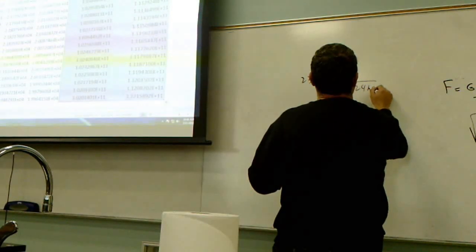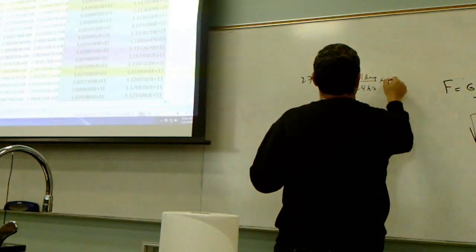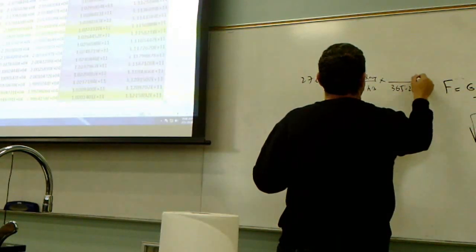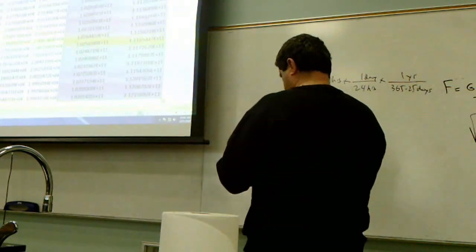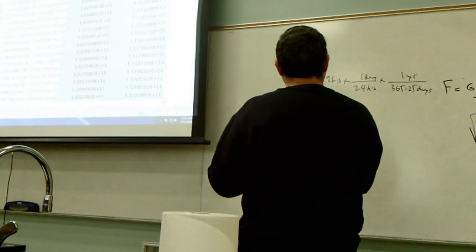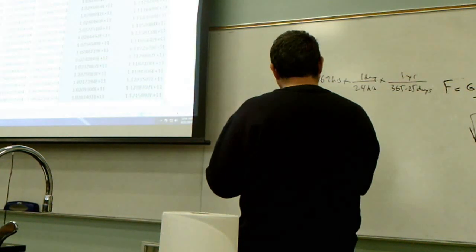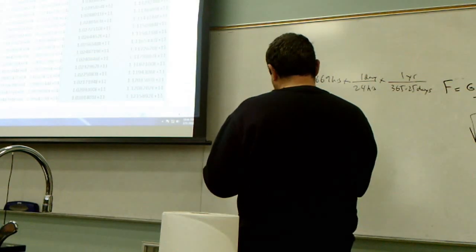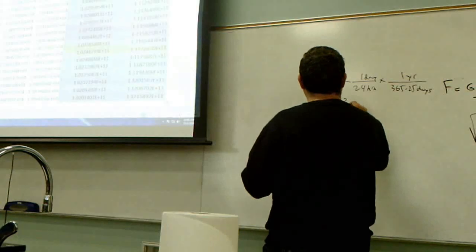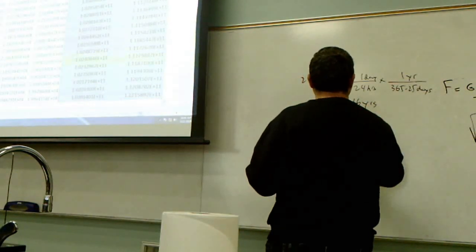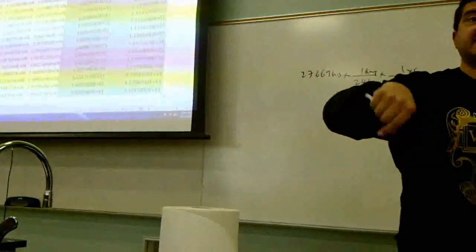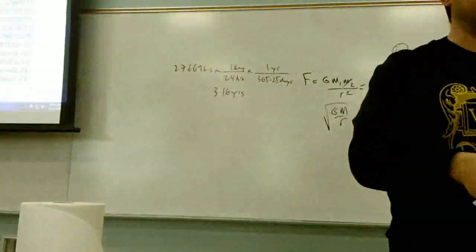So that's 24 hours in a day, and then 365 and a quarter days is a year. Okay, so about 3.16 years. So a little bit more than 3 years.